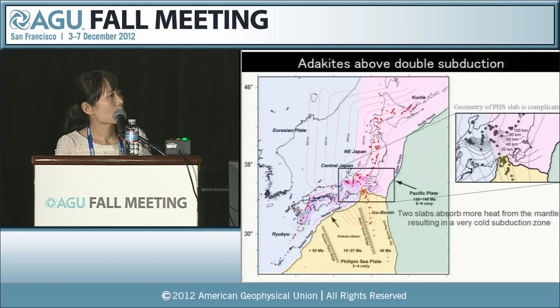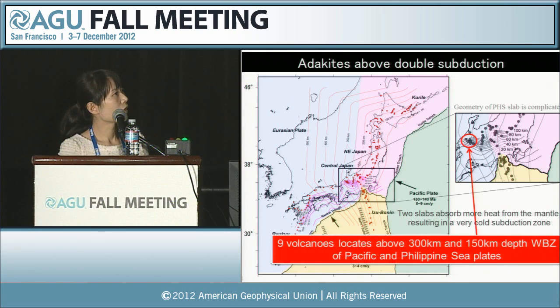These two slabs absorb little heat from the mantle, resulting in a very cold subduction zone. In this tectonic setting, we have found adakites in the backarc region in central Japan.